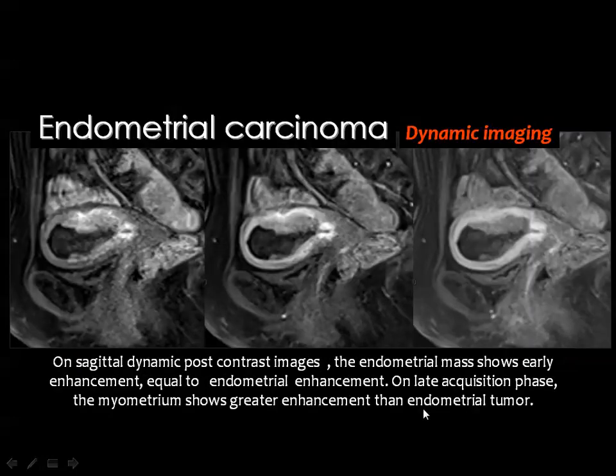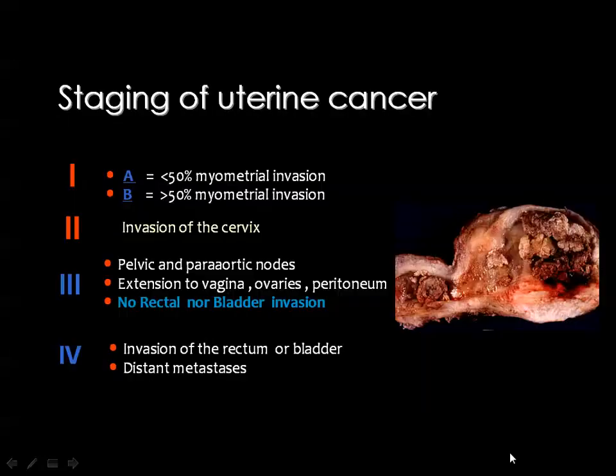And of course, you know that in MRI we may use the triphasic study, and the literature says that in the delayed images the myometrium will be adequately enhanced, while the original tumor will be evacuated from the contrast. Then you got better appreciation of the degree of invasion of the myometrium.